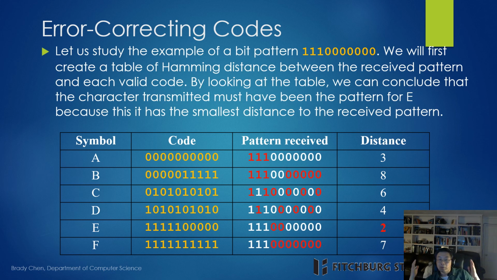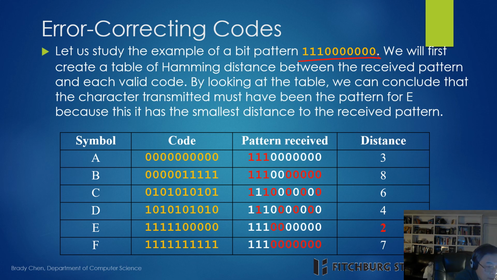Okay, so let's take a look at another example. Now suppose the bit pattern received is this. So it's 1, 1, 1, 0, 0, 0, 0, 0, 0, 0.